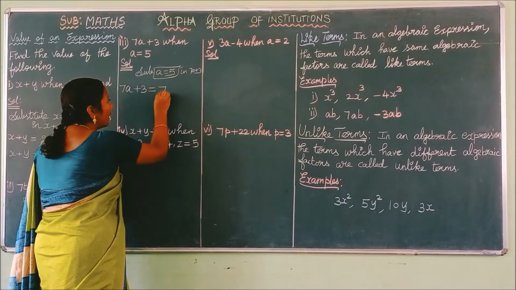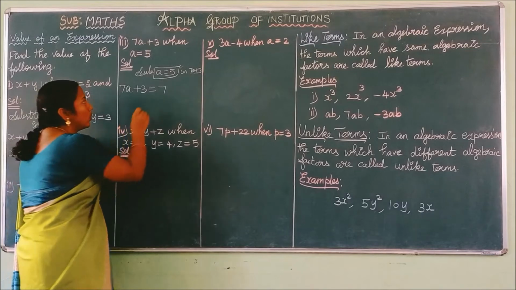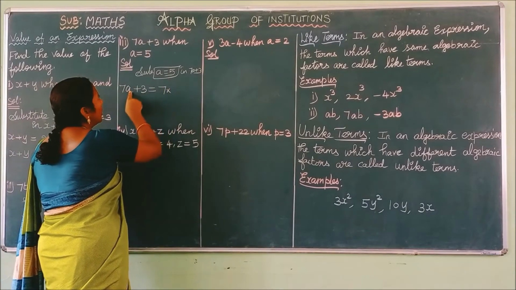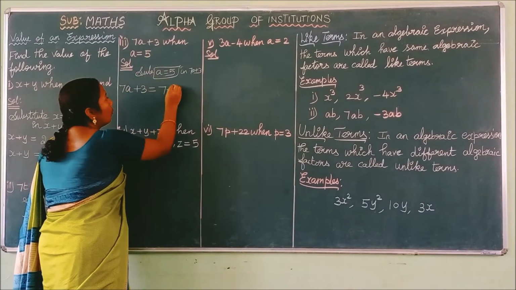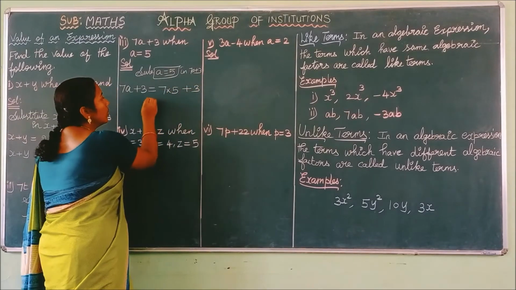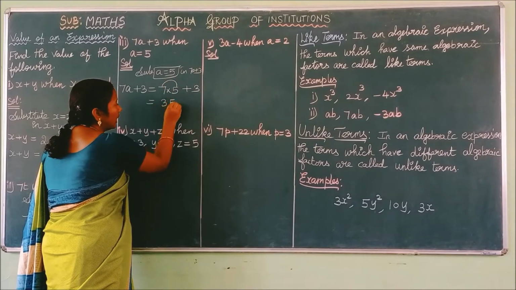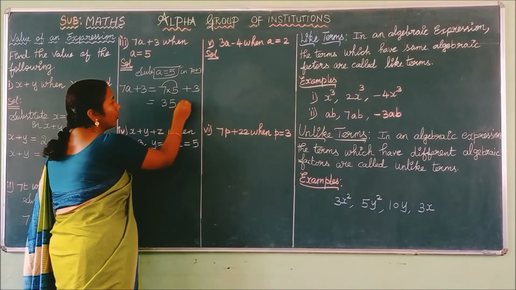What is the operation between 7 and a? Multiplication. So 7 into 5, plus 3. Do you understand? So 7 into 5, what is its value? 35. 7 fives are 35, plus 3.